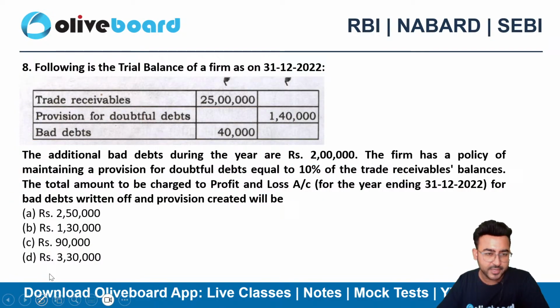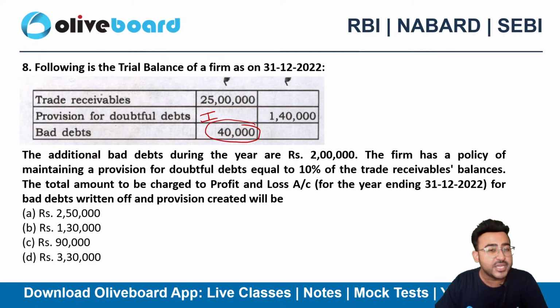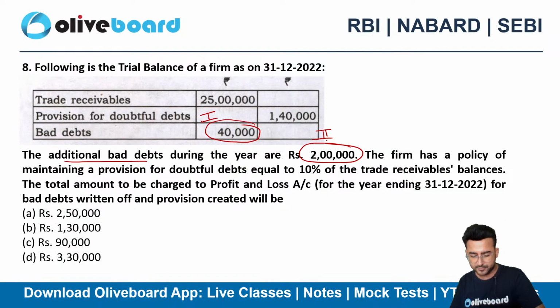So what things will I be charging to the profit and loss account? The very first thing is this. This is the amount of bad debts. I'll be transferring it to the profit and loss account. What else? Additional bad debts. I need to account for additional bad debts as well. So this is the second thing that I need to transfer to the profit and loss account. So 40,000 and 2 lakh.